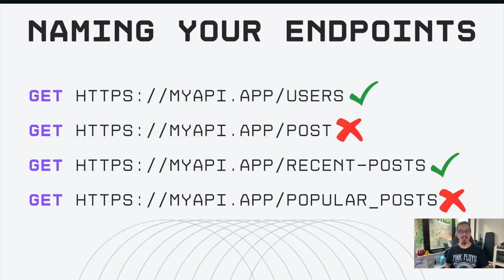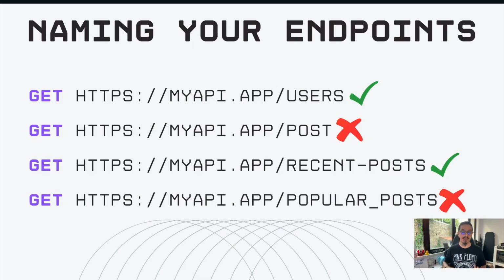So in this case, users would be okay. The post one, I would change to posts. And it's a personal opinion of mine, but I prefer using dashes instead of underscores for the URLs, for the endpoints. So instead of using popular_posts, I would update it to popular-posts.